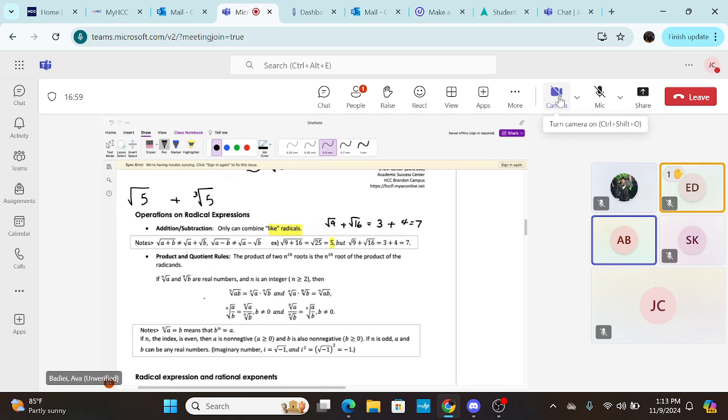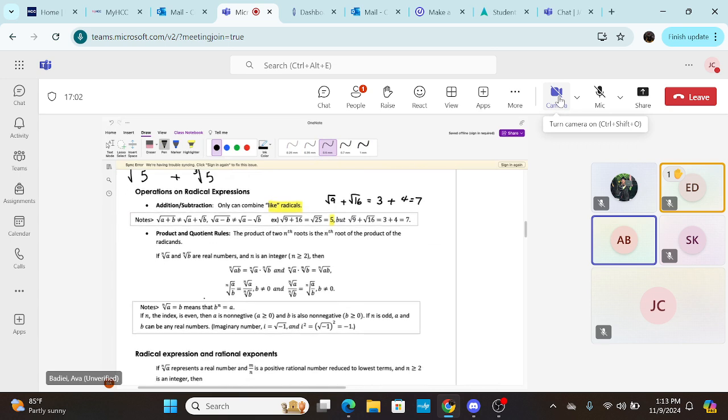But if you are moving to products and quotient rules, so multiplication and division, the only thing we care about here is that they have the same index. So as long as your two radicals have the same index, you can multiply them, you can divide them.